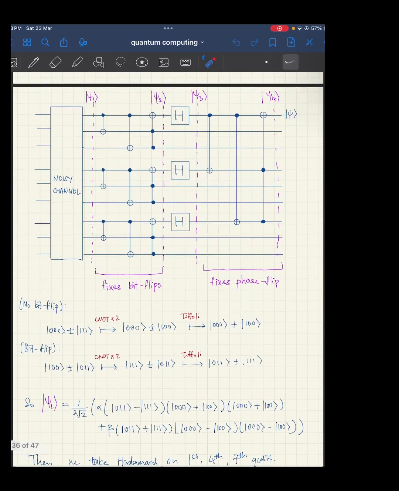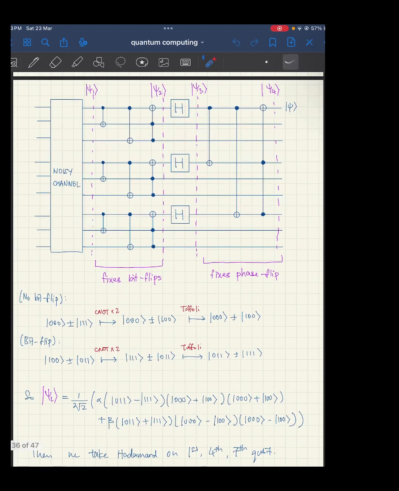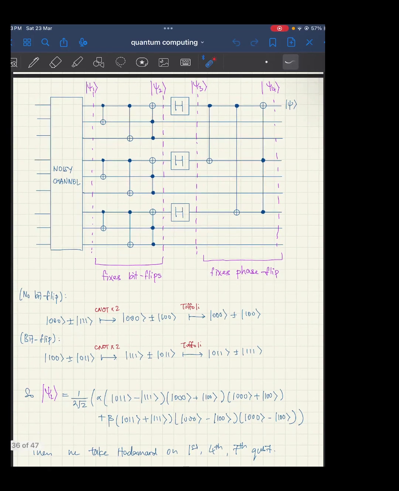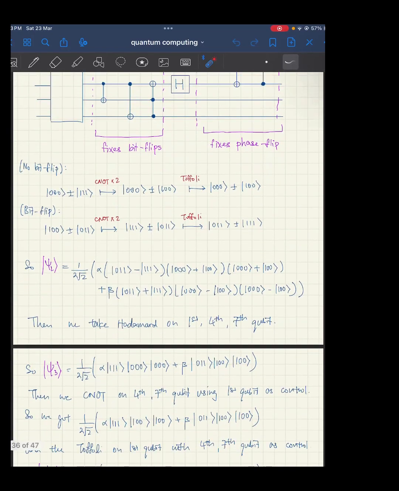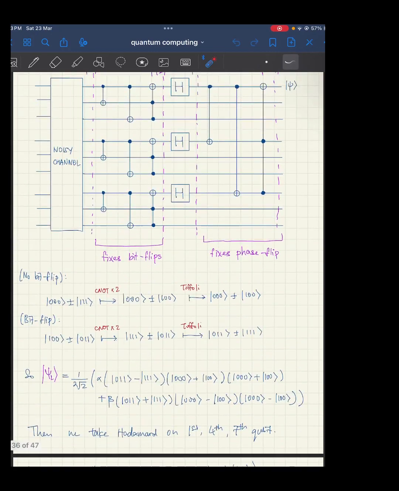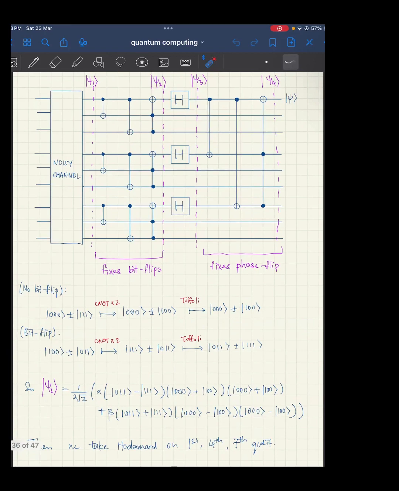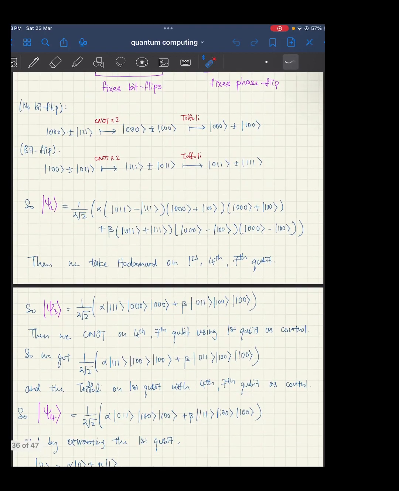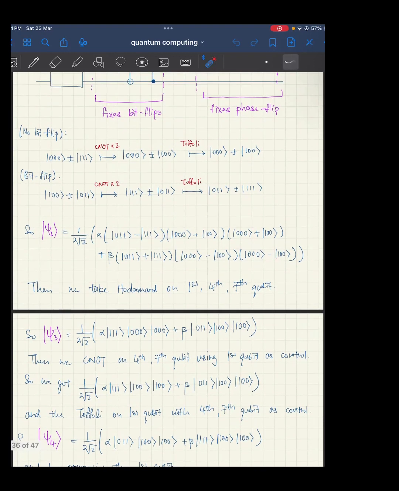And just to trace the rest of the circuit, even though that's the phase flip part of the circuit, to show that it doesn't affect our result, we will take Hadamard between psi 2 and psi 3. First of all, let's look at this block of qubits here.